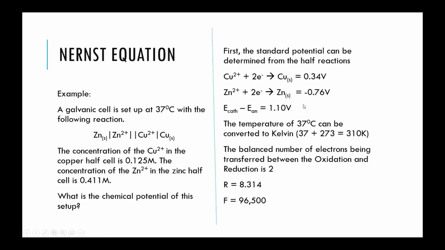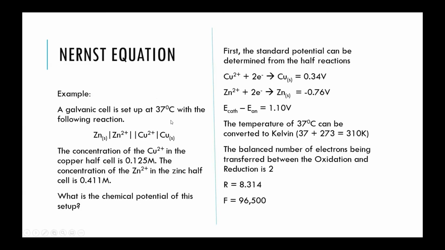So first, you see what is the standard potential. You do cathode minus anode, and for this, we have a standard voltage of 1.10 volts. Temperature should be in Kelvin.